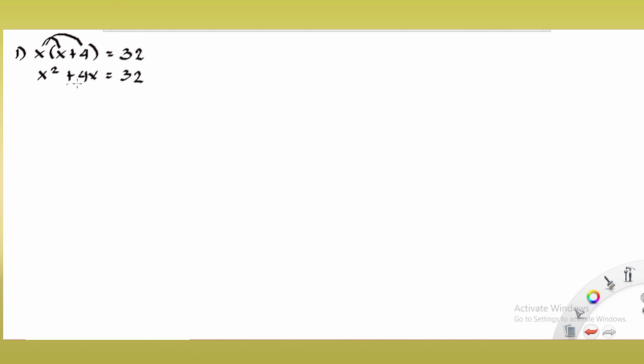So to make this an equation in standard form, kailangan nating ilipat si 32 on the other side of the equal sign. So that will become x squared plus 4x, and then 32 will become negative now, dahil lumipat siya sa kabilang side ng equal sign, and nothing left on this side but 0. So this is now a quadratic equation in the form ax squared plus bx plus c.